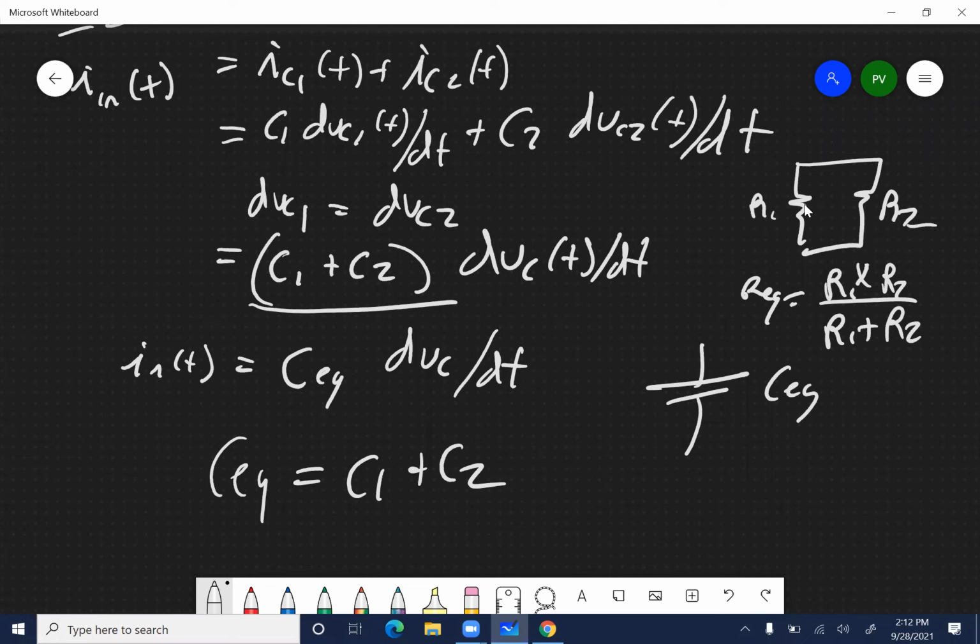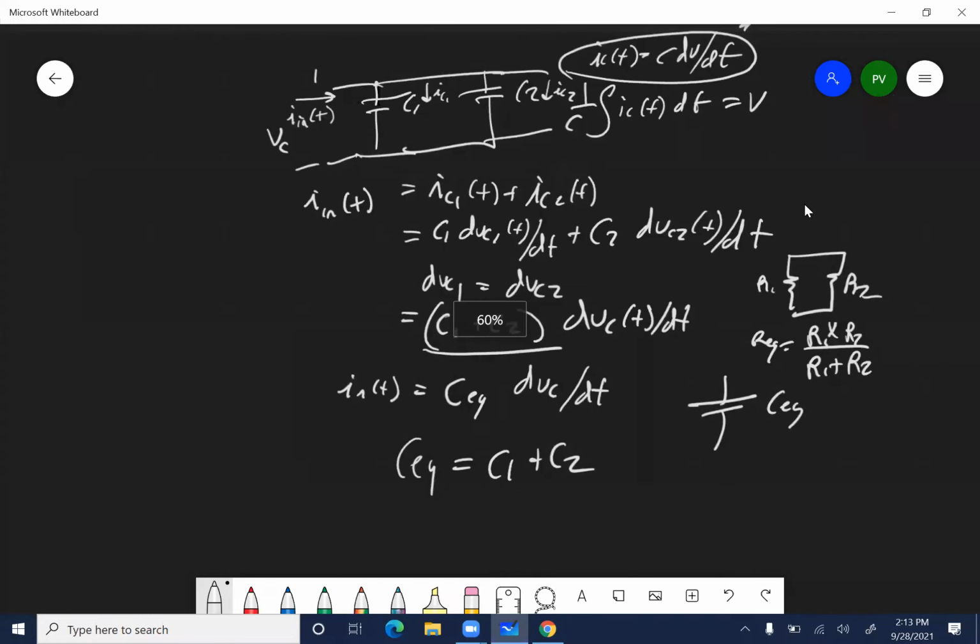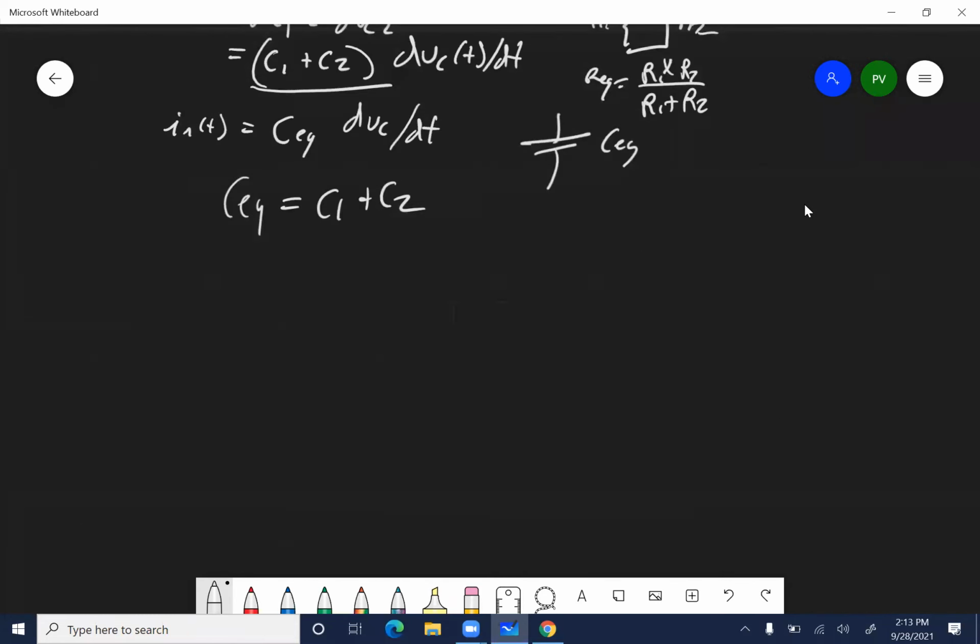So it's equal to the product over the sum, which is completely different than how we would go ahead and solve this particular one. So C equivalent is C1 plus C2, which, if you think about it, kind of makes sense, right? Because if I have a capacitor in parallel with a capacitor, how do capacitors work again? You take a plate of metal on one side and a plate of metal on the other side, and you stick an insulator between them, and you prevent the electrons from flowing through.